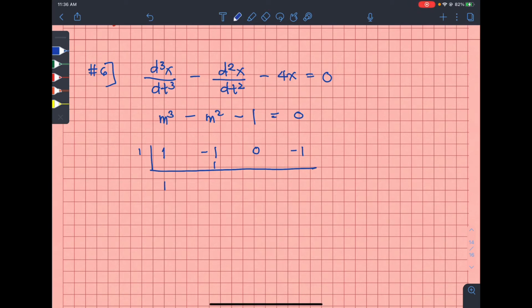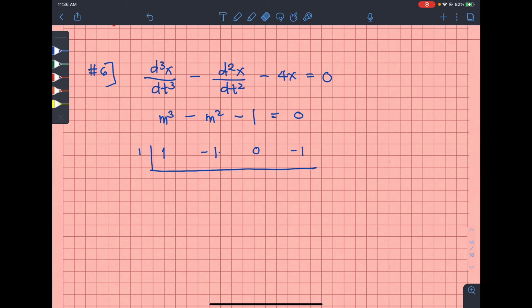And then that would become 0. 0 times 1 is 0. 0 times positive 1 would be 0, then negative 1. So it shows na hindi root yung positive 1.